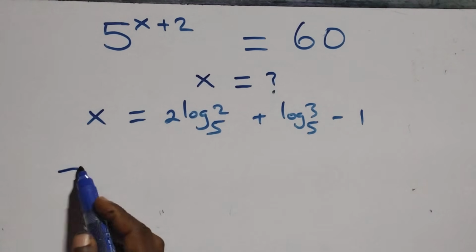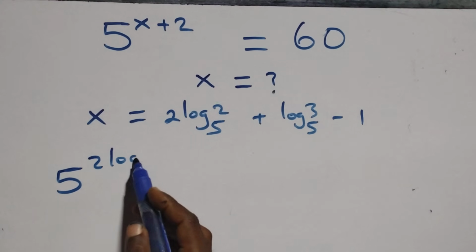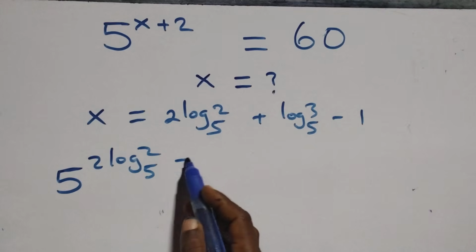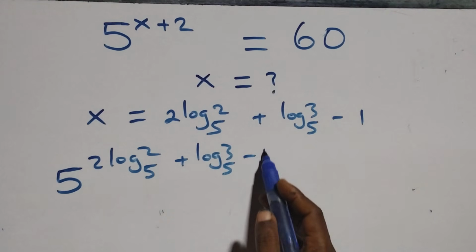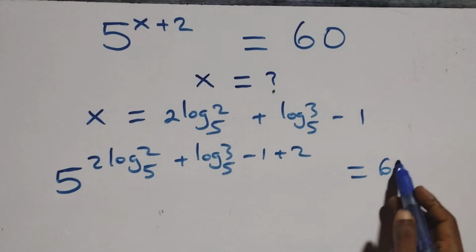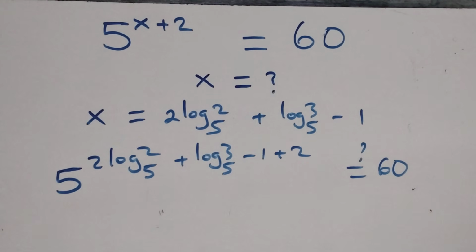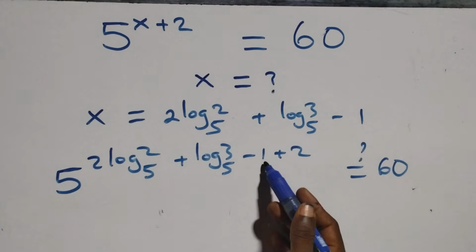This here we have 5 raised to power 2 log 2 base 5 plus log 3 base 5 minus 1, then plus 2 here. This equals 60 on this side. Next step here, we have 2 minus 1, that's 1.